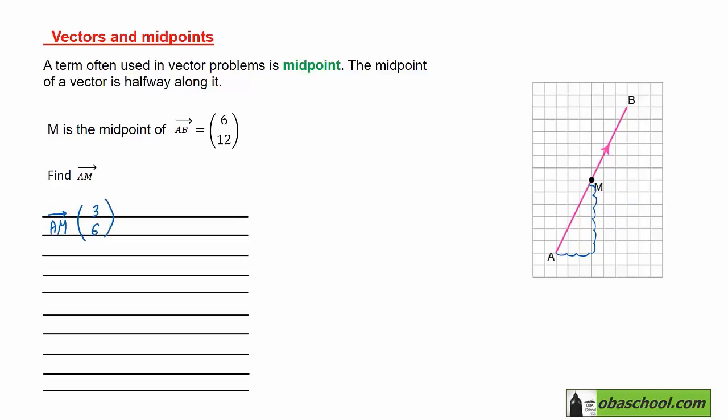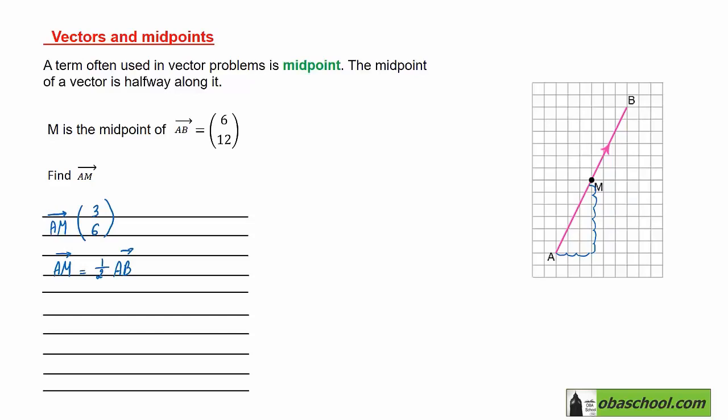But what if we didn't have the grid? We can calculate this in another way by multiplying vector AB by a scalar, and that is half. Since we know that M is the midpoint, we can say vector AM is equal to half of vector AB.